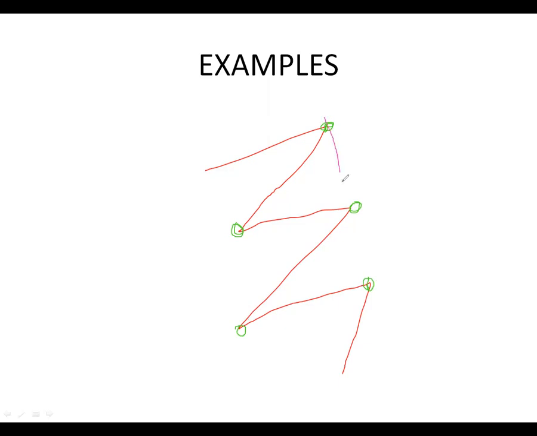Now, okay, let me clear this. We are using a straight line, so we need to get a straight line. So a straight line, this becomes a trend line. A straight line, this also becomes a trend line. Is that okay? So this is what we mean by trend line.